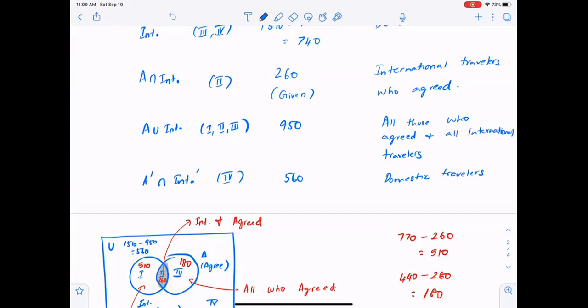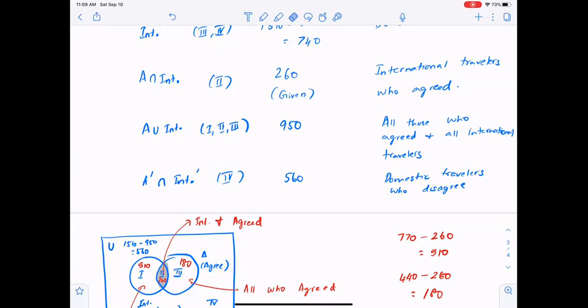Not international complement would mean not international, which would imply domestic. The set A would mean agree, not A would mean disagree. So domestic travelers who disagree. So you have a domestic traveler and the person or people also disagree.